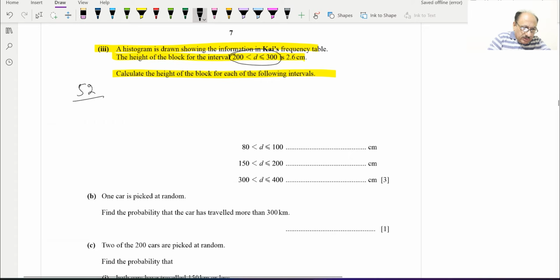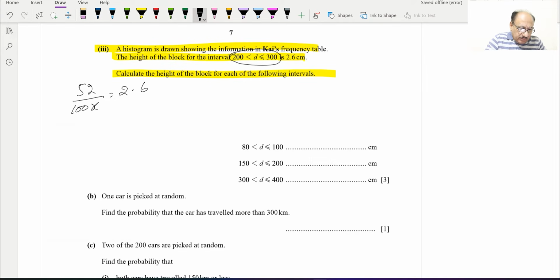So we can write 52 divided by the class width, 200 to 300 is 100, and divided by 2, and they are saying this is equal to 2.6. So we can write x is equal to 2.6. Class width is 100 into x.